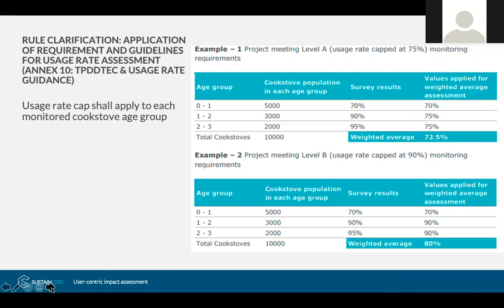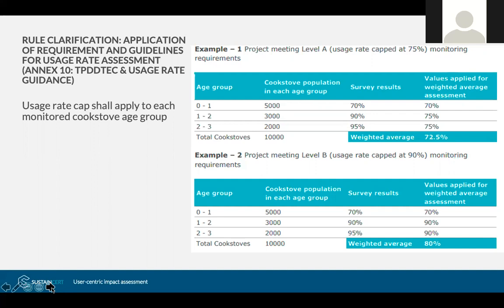So let's take example one, wherein the project is meeting level A. I'm sure you are well aware of the three levels of monitoring which are discussed in the usage rate guidelines. Level A is the mandatory and basic level of monitoring, which is required to be done by all project activities.